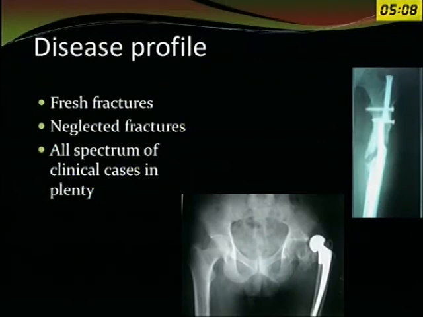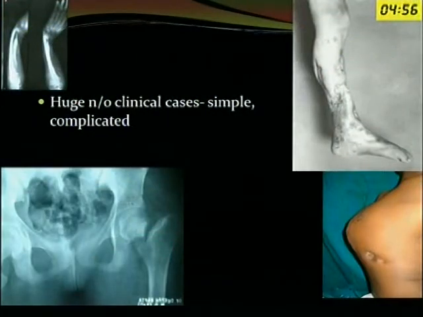Well, we do not get only simple fresh fractures, we get neglected fractures, we get all complicated cases, post-surgically or even without surgery, so all kinds of clinical cases in plenty. And those cases which we get are not in small number, they are in big number, both simple as well as complicated.